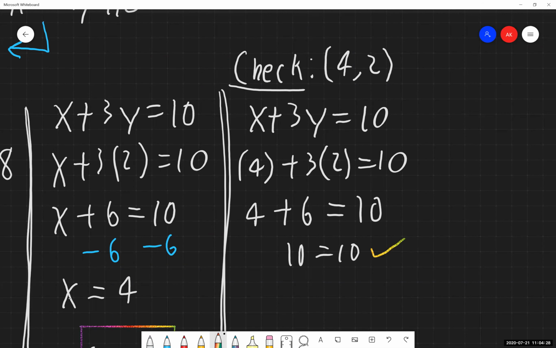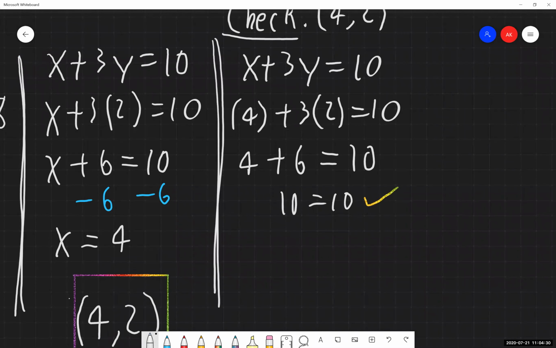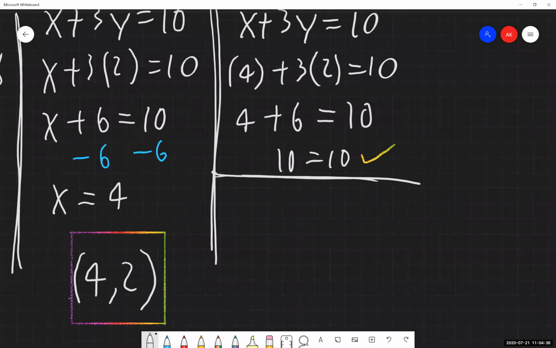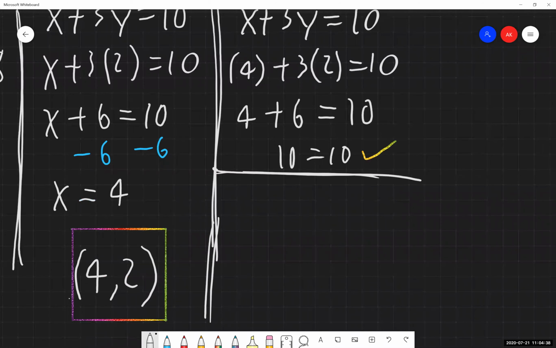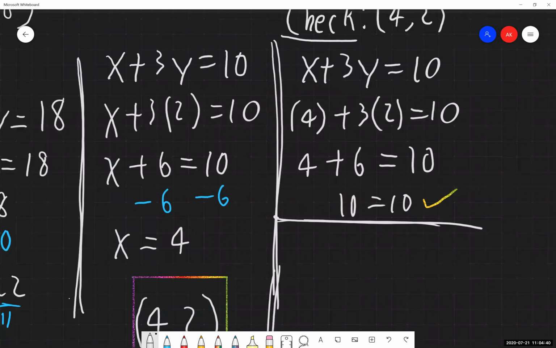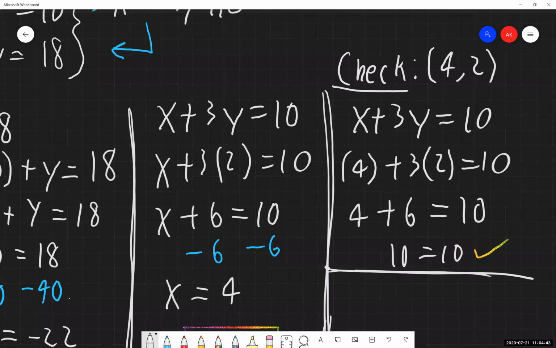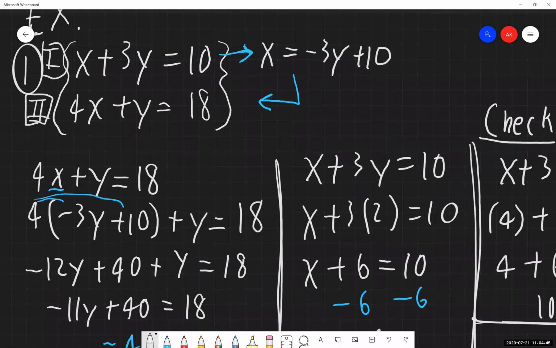As we go through and do that, we solve this first one. We say, okay, great, this is a solution to our first equation. Fantastic. Now we need to check this answer with our other equation, and our other equation is 4x plus y equals 18.